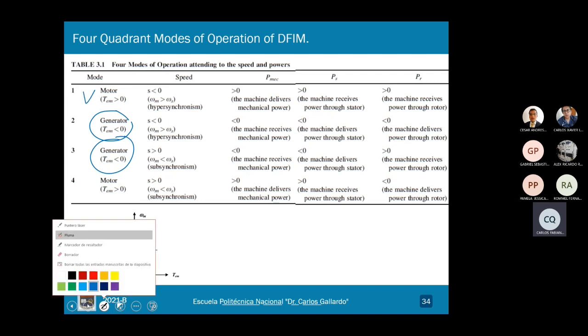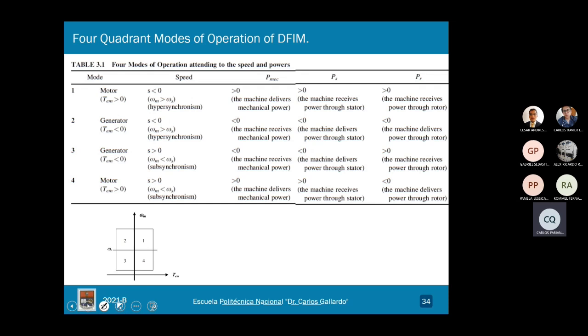On the other hand, if the slip is less than 0, it means the mechanical speed is bigger than the stator speed. In this case, I will have a hypersynchronism operation. But what happens if the slip is bigger than 0?